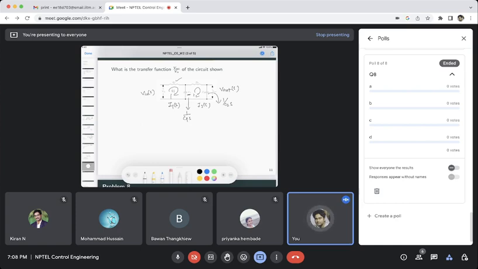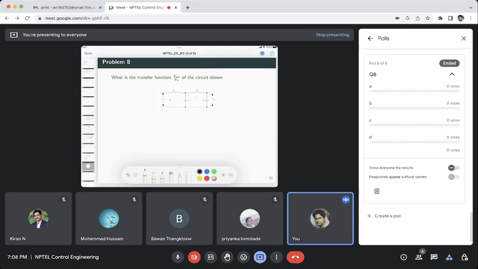Or if not, simply write this expression in the time domain and then take the Laplace transform. I'll do that too. In the time domain, if this is I1 and this is I2, the first equation is R1 I1 plus 1 by C1 integration of I1 dt minus 1 by C1 integration of I2 dt, since this current is flowing in this direction I2, so I have a minus sign, equal to V in.